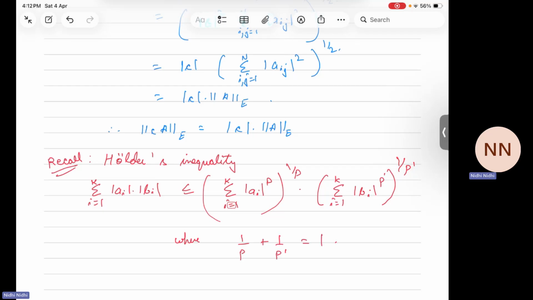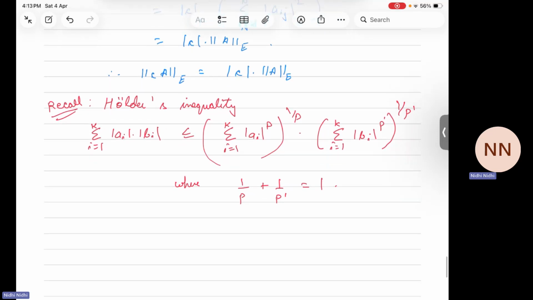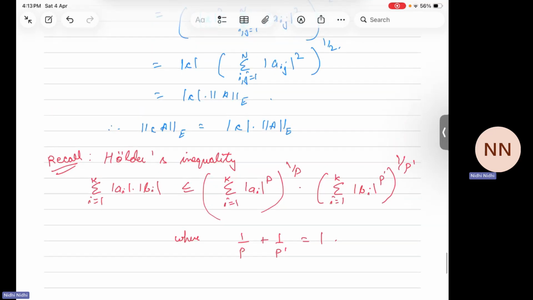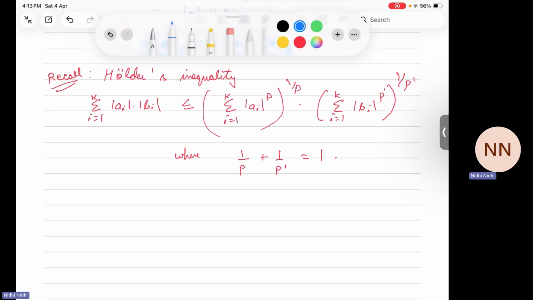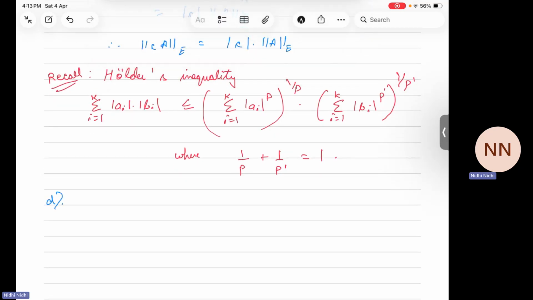So this is Hölder's inequality. I hope you must have done this in your high school or previous courses. So we'll be using this inequality to prove the triangle inequality, and hence we'll get the norm. So yeah, let's see how.